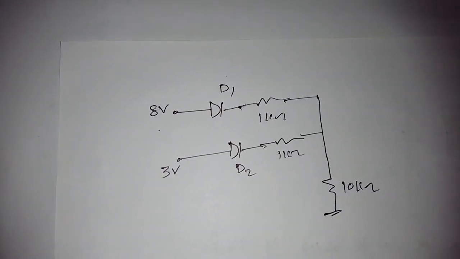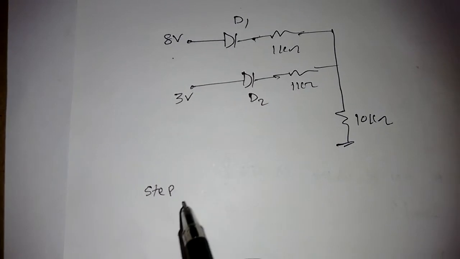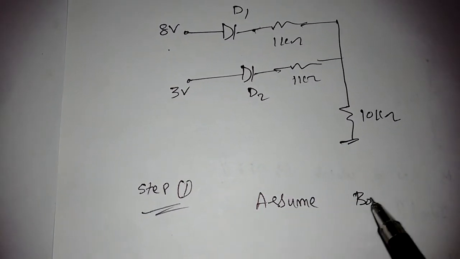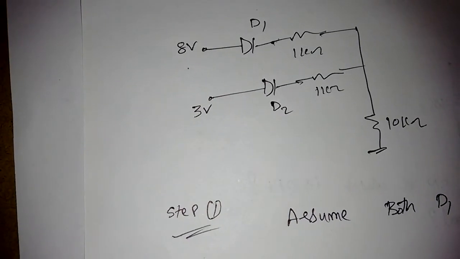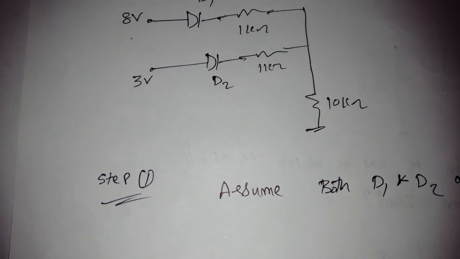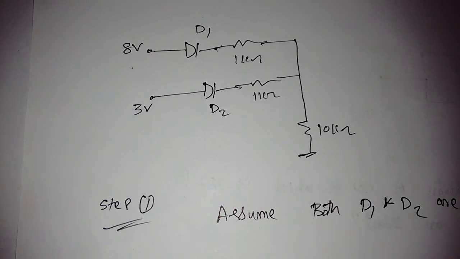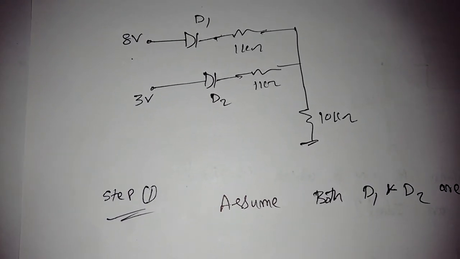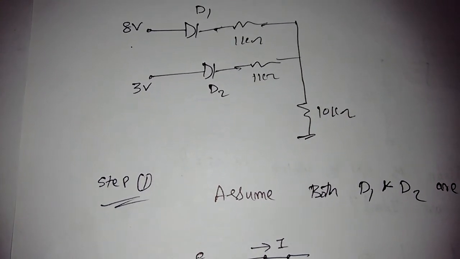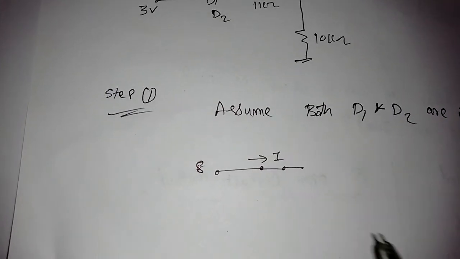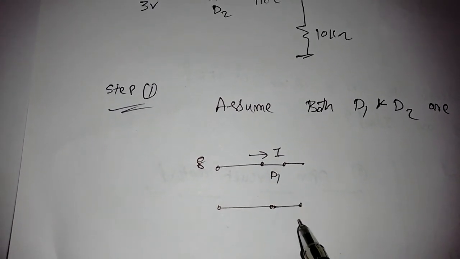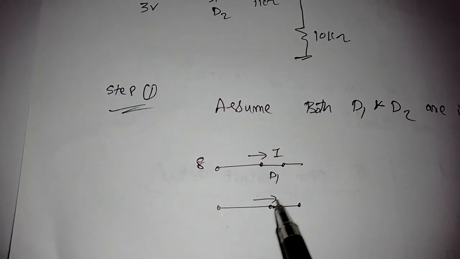The first step is to assume both D1 and D2 are in forward bias. Whenever these are in forward bias, we make both short circuits, so current should flow like this.